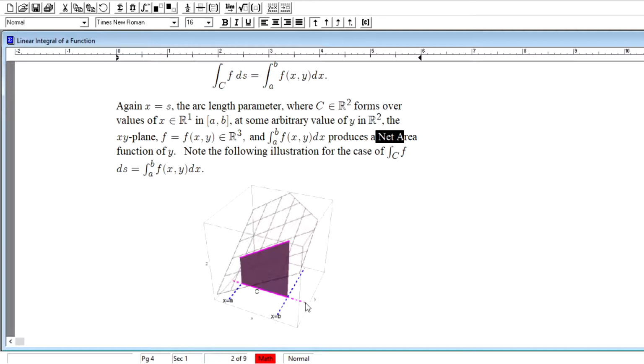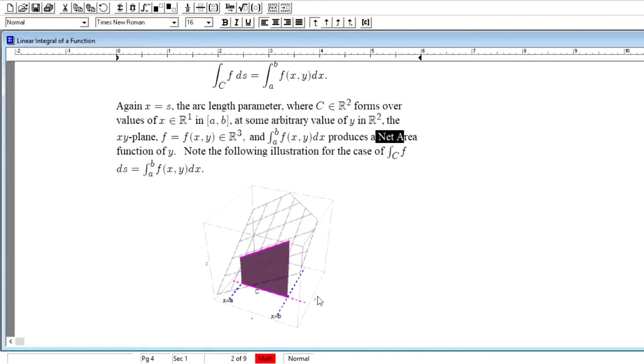If I was to move that arbitrary location to some other position along this y-axis, this curve C would move relatively in the xy plane, still being trapped between values of x from a to b. But this net area that would form would vary. Certainly we can see if we move y closer to the front of the illustration here, that net area of space would likely shrink based upon the illustration of the surface.